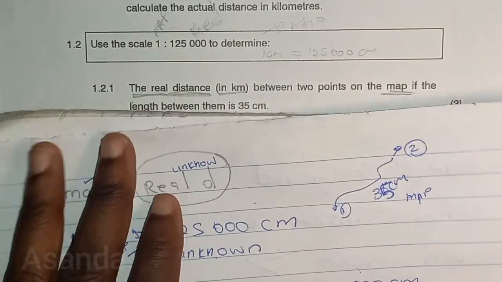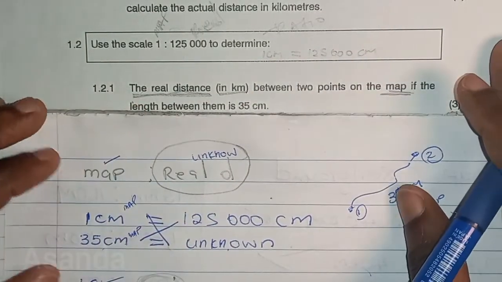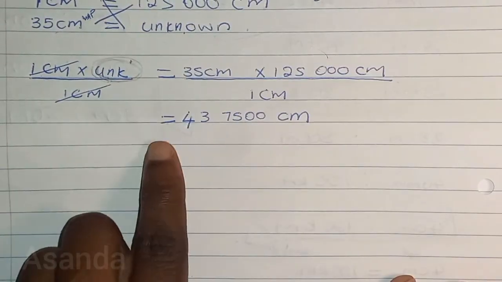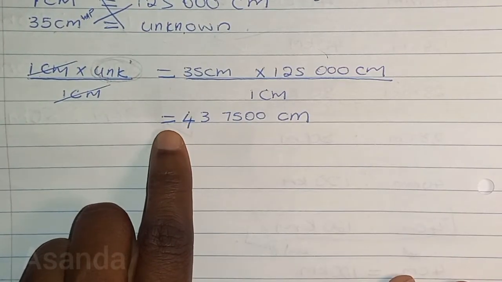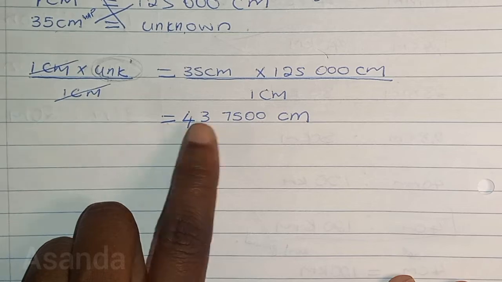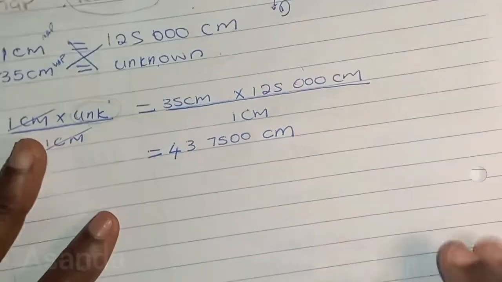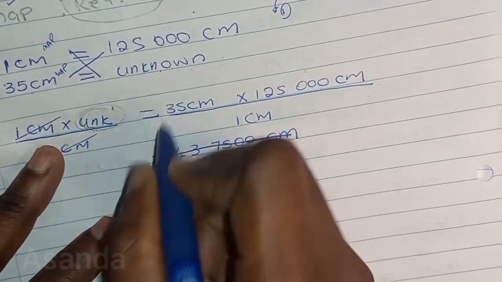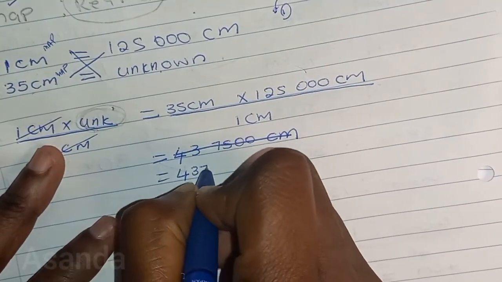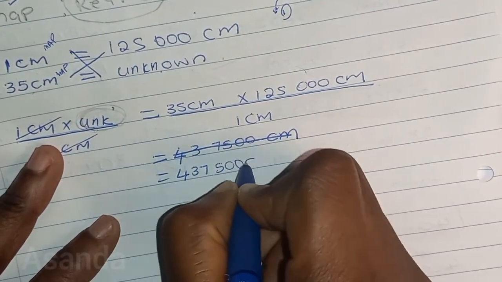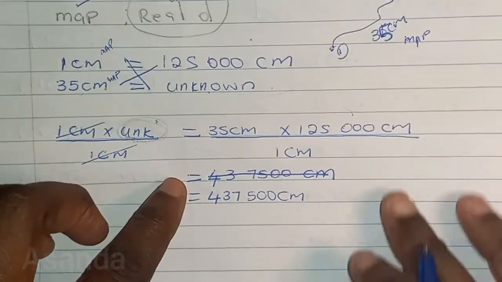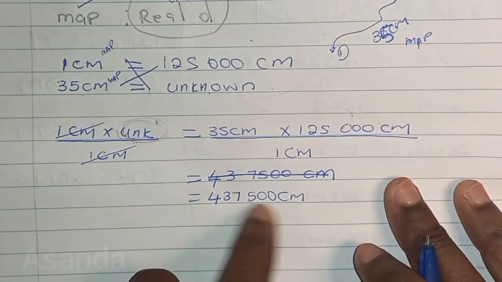Now, we've tried to answer the question, but we didn't answer the question fully. What is this number? 437,000. I wrote it wrong. It's 437,500 centimeters.